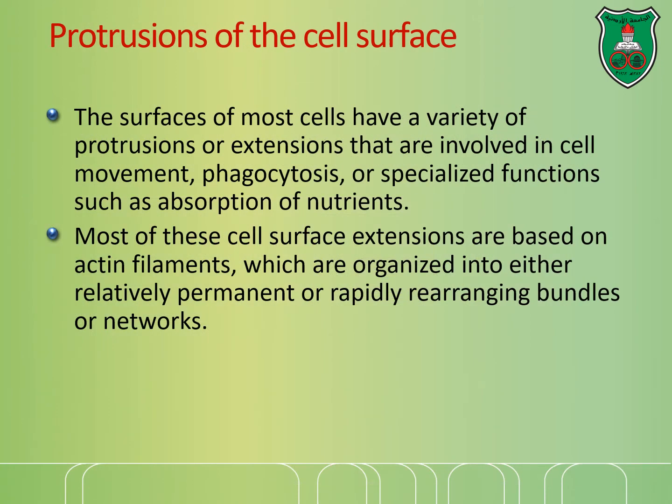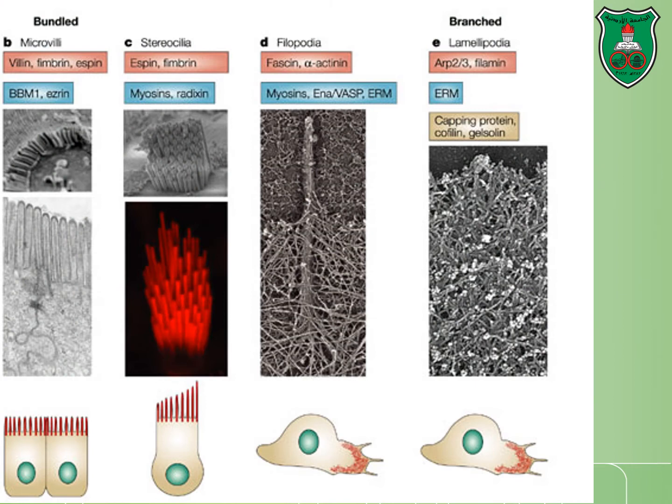Now you can have other specialized structures that result from actin reorganization, and one of these is protrusions, or extensions. You have these protrusions right here, and there are different types. We have microvilli, which is when you have actin organized as bundles. We talked about fimbrin, for example, in microvilli.